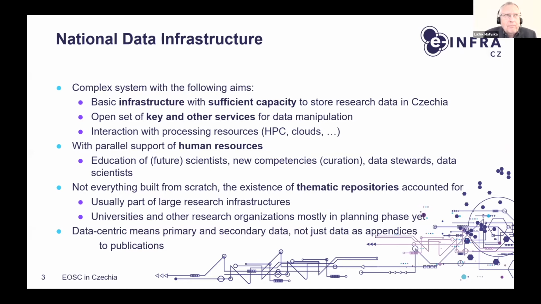The whole intervention at the national level will also include training and education support, not only for special positions such as data curators and data scientists, but also to introduce dealing with FAIR data into the classical curricula of scientists across the universities, to make sure that people are aware and knowledgeable, at least at the basic level, when they are participating in research.